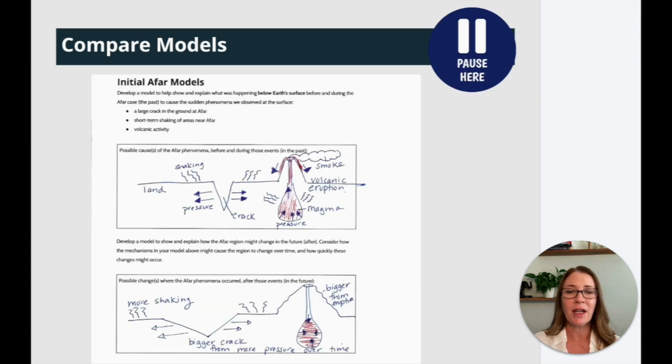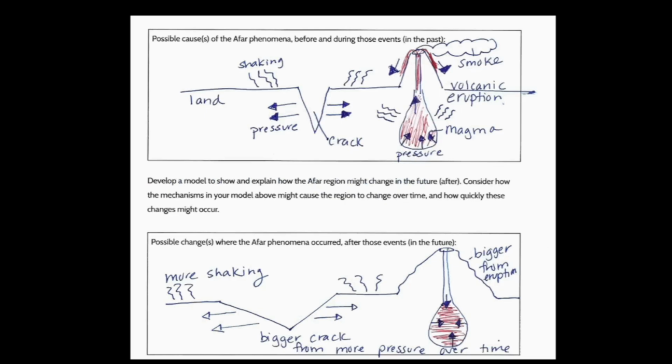So here is an initial model that a student developed, and you're going to go ahead and push pause, look at this initial model, and again, put check marks where you agree and question marks if you disagree or you're not sure about things.